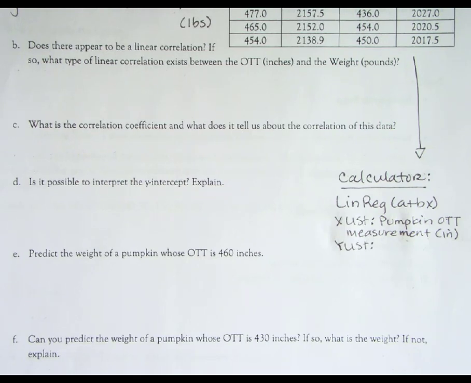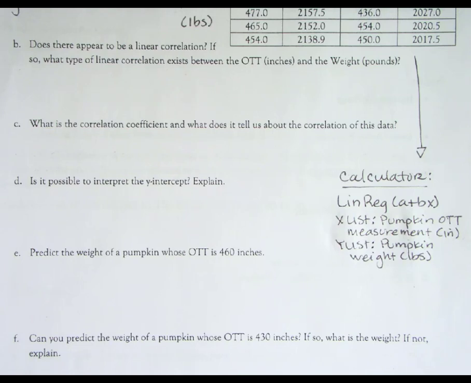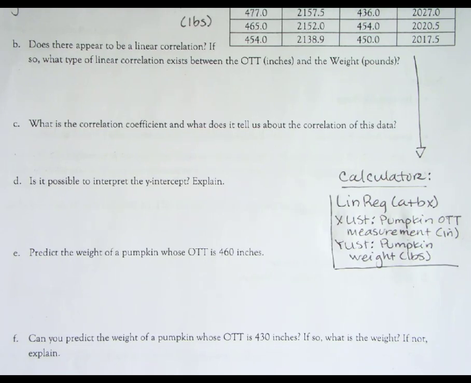And in the y list, this is a pumpkin's weight in pounds. Remember, it's important that you describe accurately what these are and not just write OTT and weight, because somebody reading this has no idea what OTT and weight represent. You need to let them know it is of pumpkins specifically.